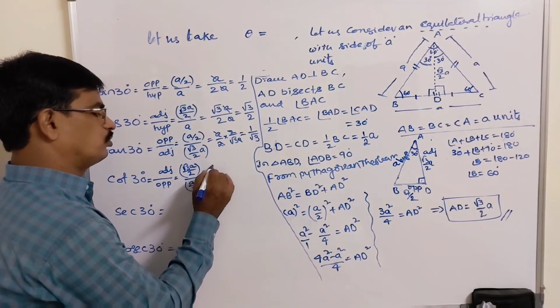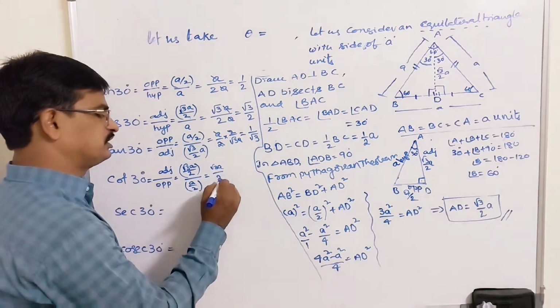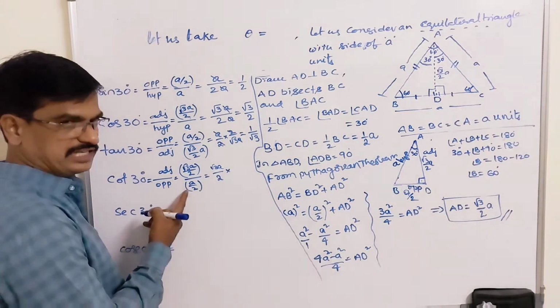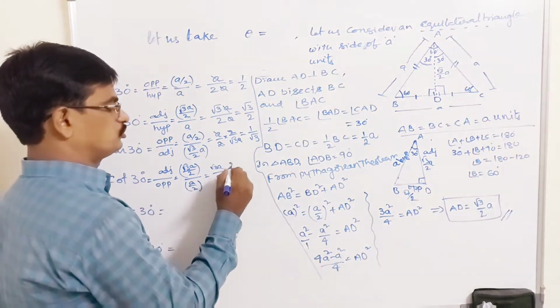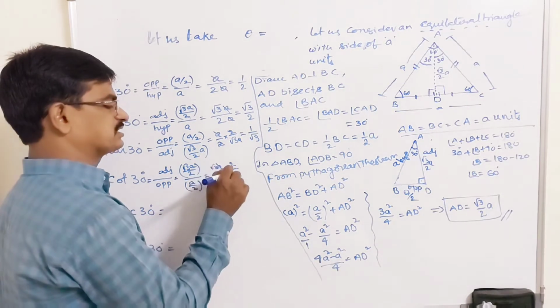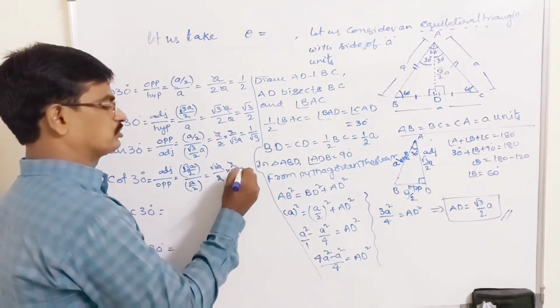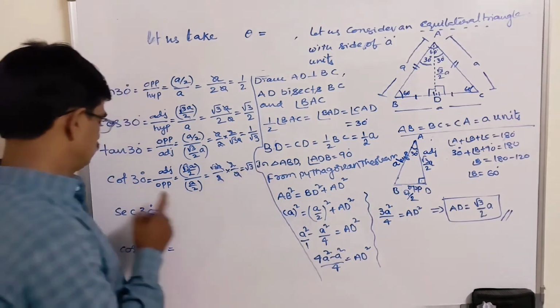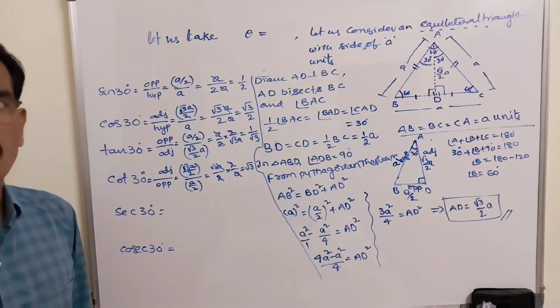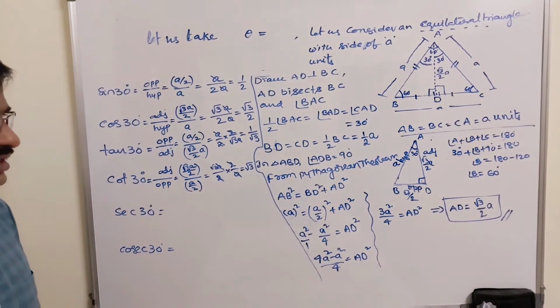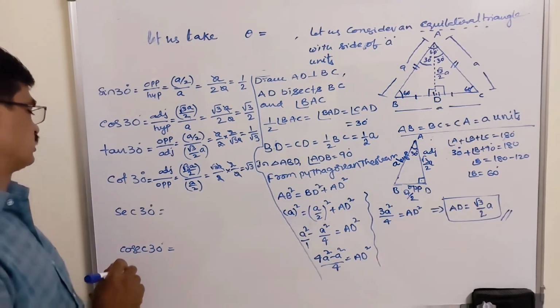Now root 3a by 2 into this becomes reciprocal, a by 2 becomes 2 by a. Now a cancels out, 2 cancels out, then root 3 is the value of cot 30.